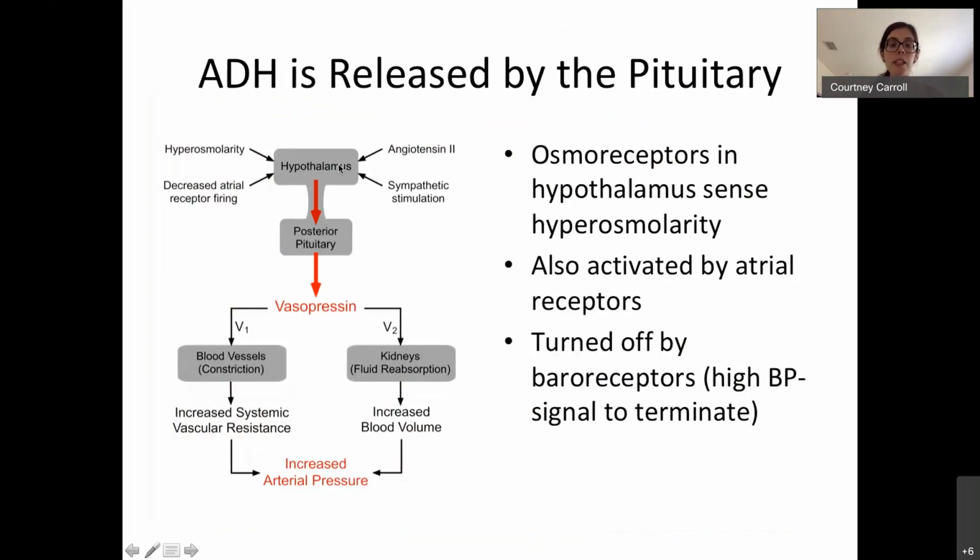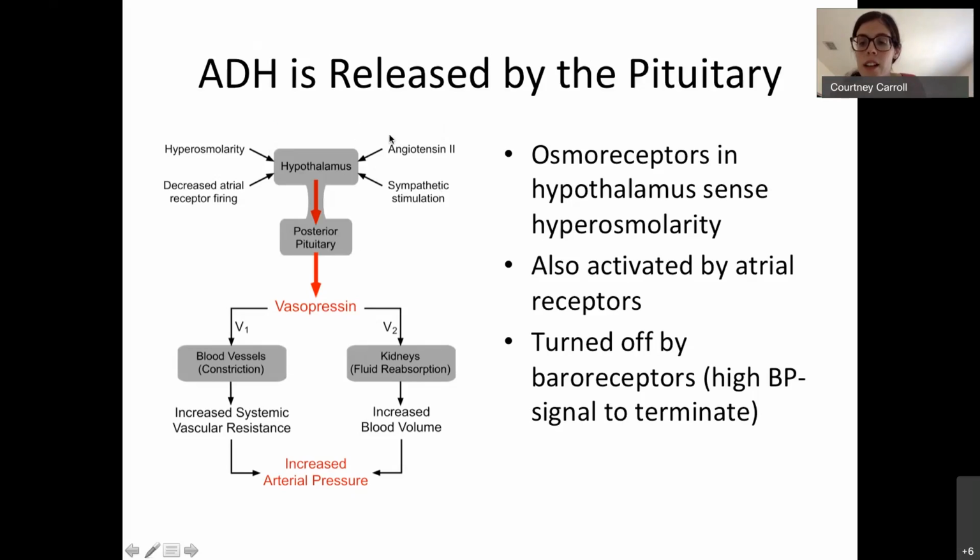And the hypothalamus can get a few different triggers that tell it to send the signal for ADH release. So angiotensin 2, as we talked about in that RAS system, works by telling the hypothalamus, hey, tell the posterior pituitary, it's time to release ADH. But it also is triggered by the sympathetic nervous system. Again, that fight or flight response, we're going to increase our blood pressure in regards to a fight or flight response.